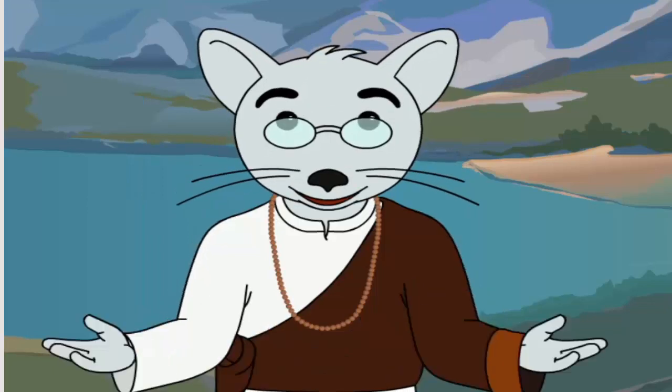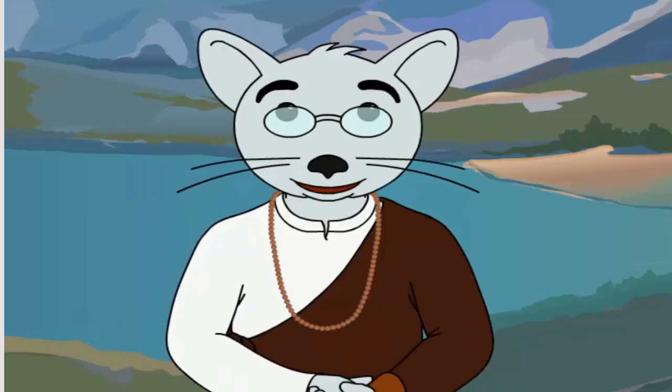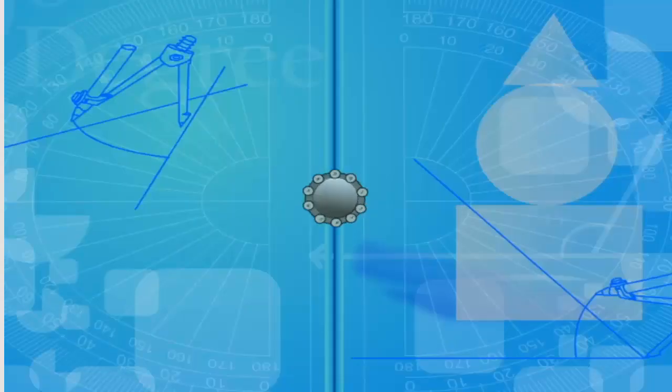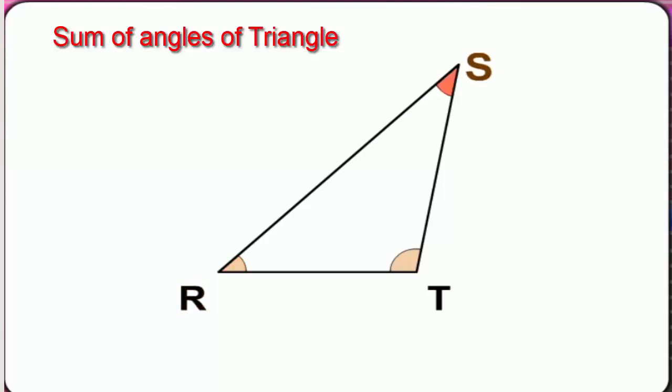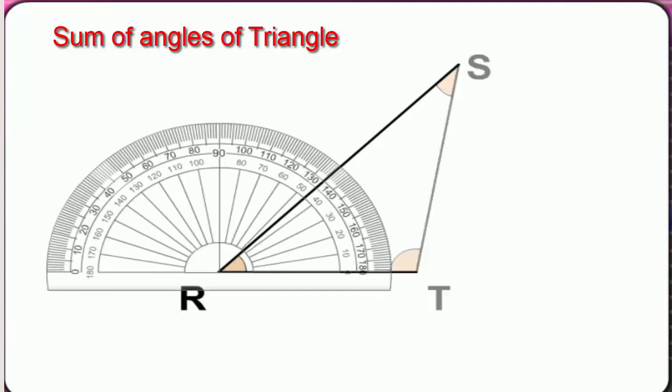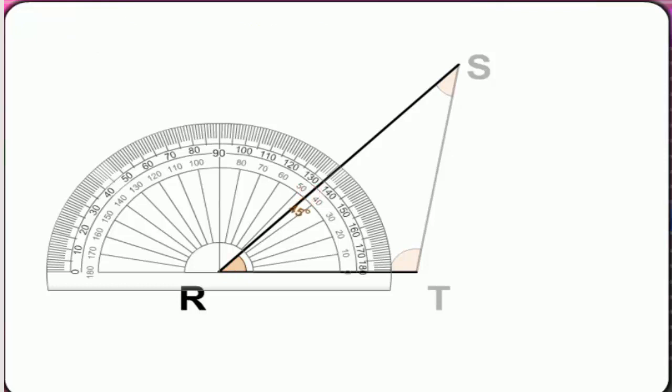Now, let us look at another triangle, RST. Here we have the three angles, angle R, angle S, and angle T. Let us measure the angles of this triangle now. Here, angle R is equal to 45 degrees.